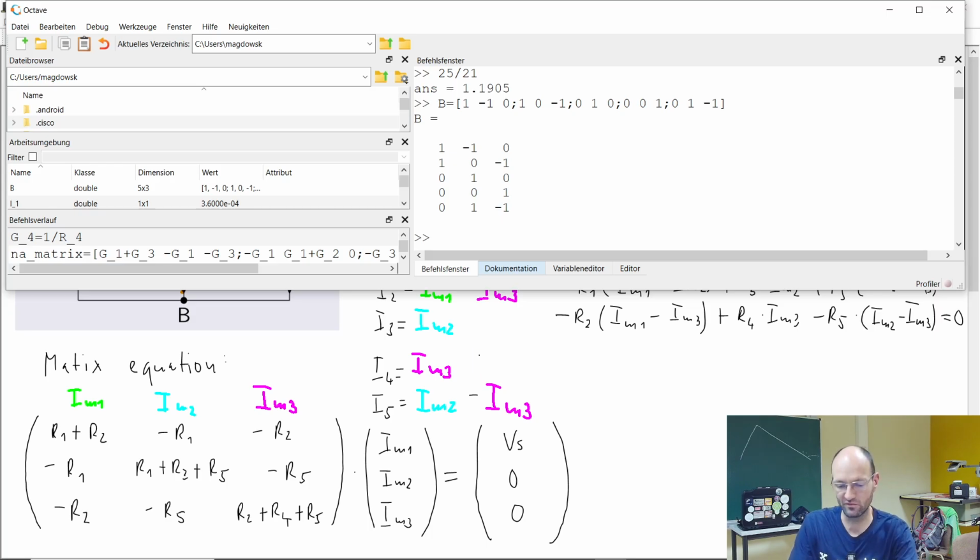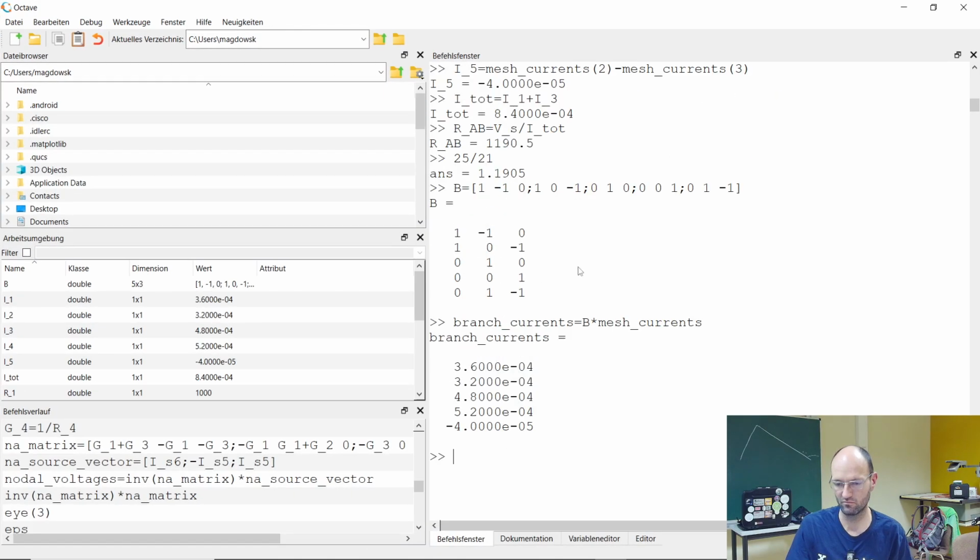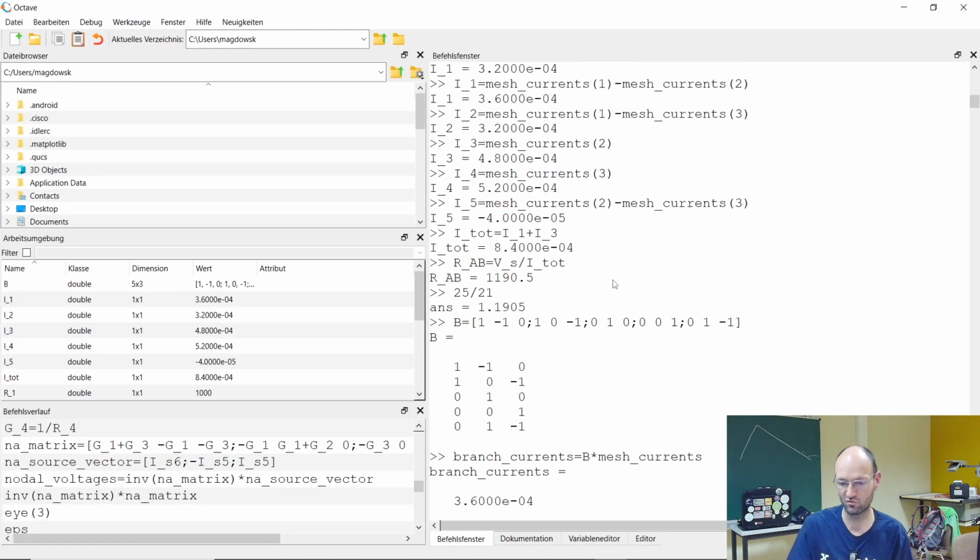And so now I could calculate all the branch currents from our mesh currents by taking B and multiplying it with the mesh currents. This way I get all the 5 branch currents in one vector. And now, don't know if this fits on the same screen more or less. Yeah, so the first one, it's interesting, it's not the same result.